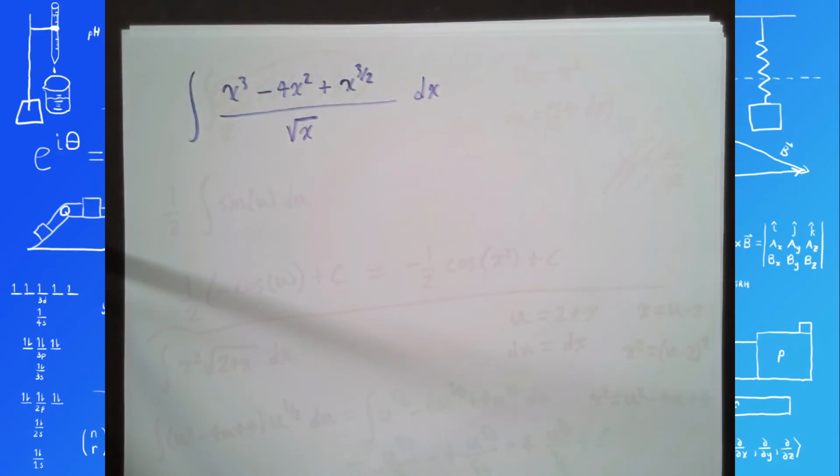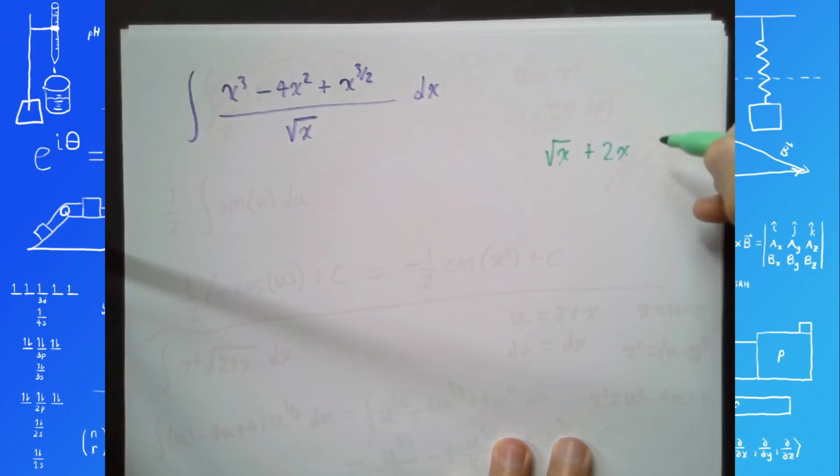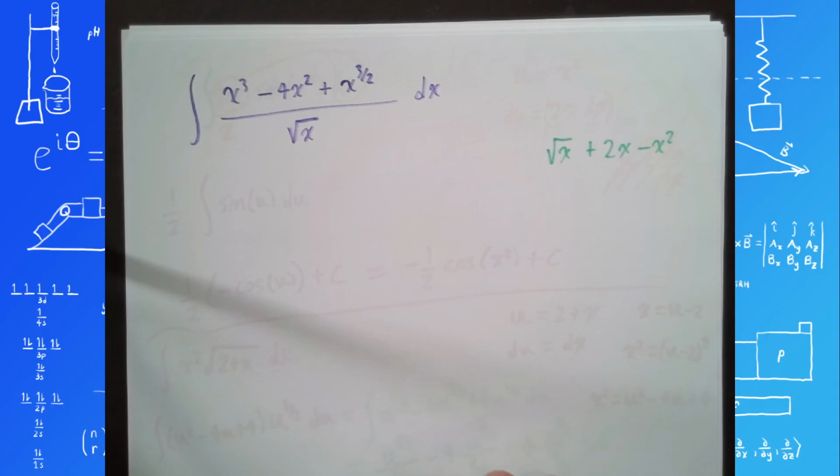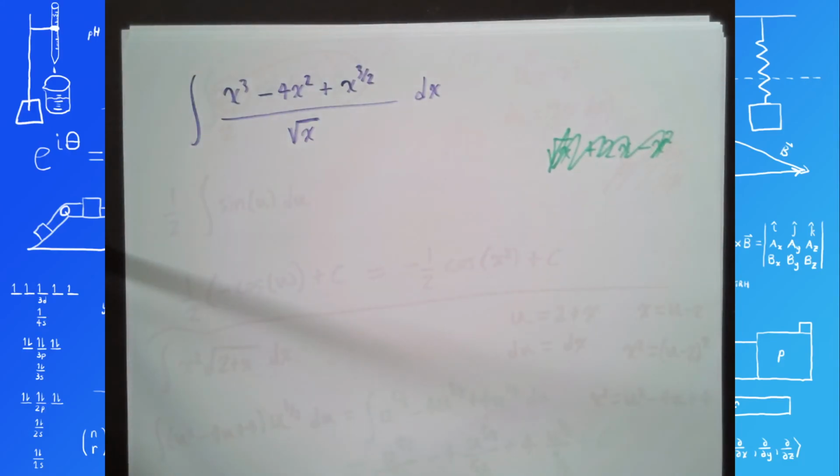If the denominator was square root of x plus 2x minus x squared or something like that, then you would probably want to try substitution. But in this case, the denominator is a monomial. It's only got one term, which means you can just distribute it over here.